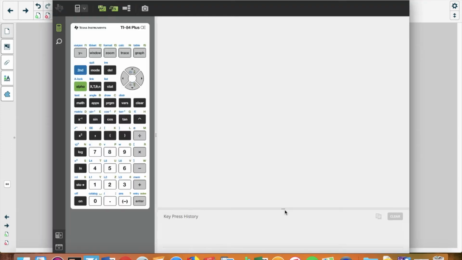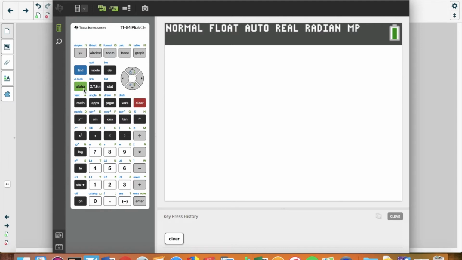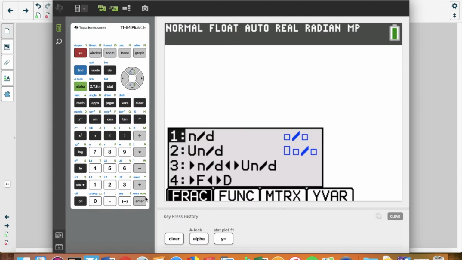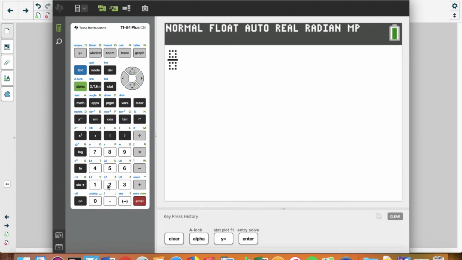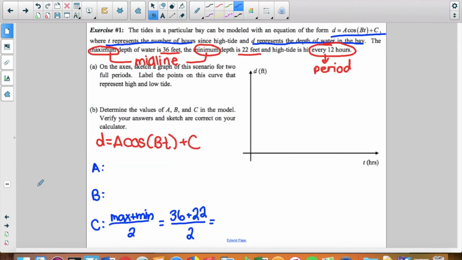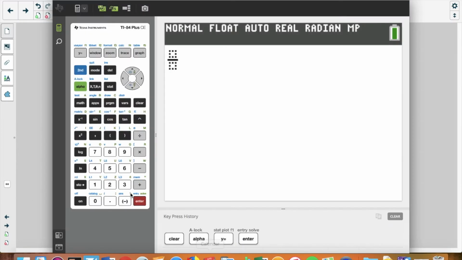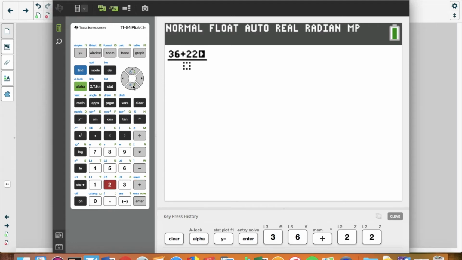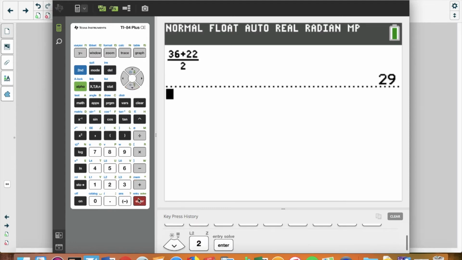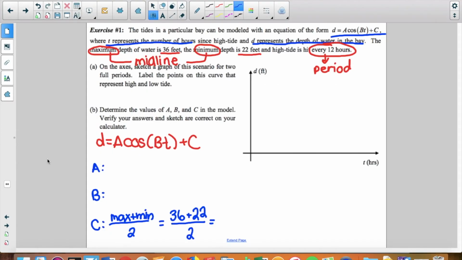You can do this by hand if you'd like, but what you can also do is press alpha, y equals, to get it as a fraction, and you type in 36 plus 22 divided by 2. And we get 29. So we have that the midline now is 29.